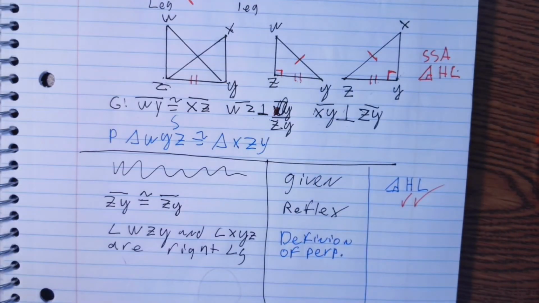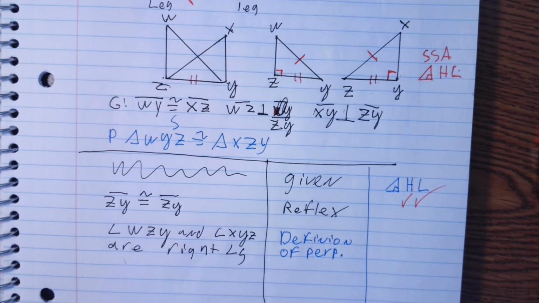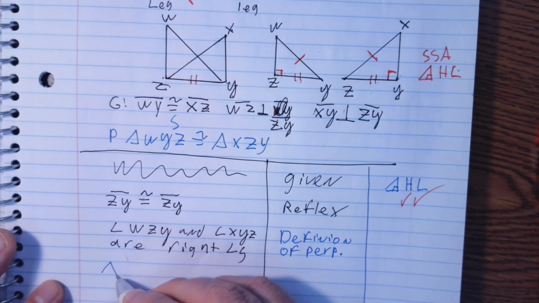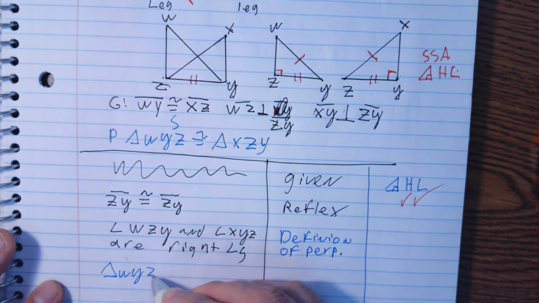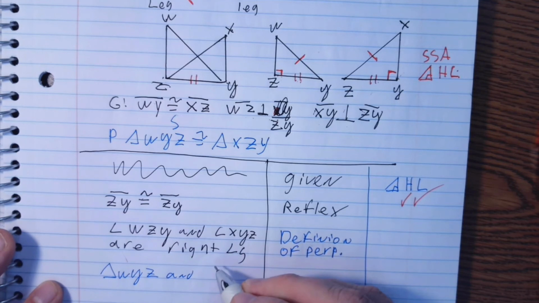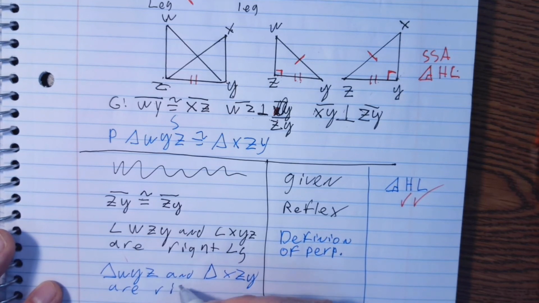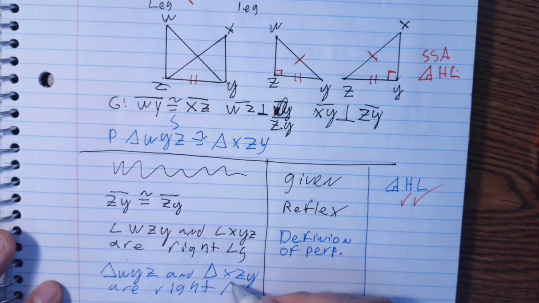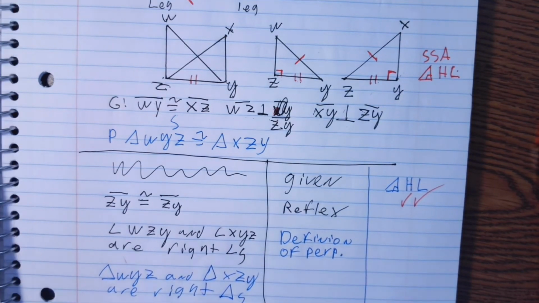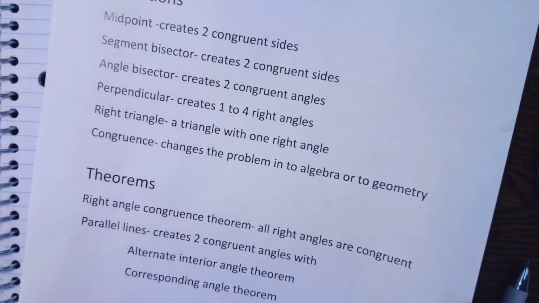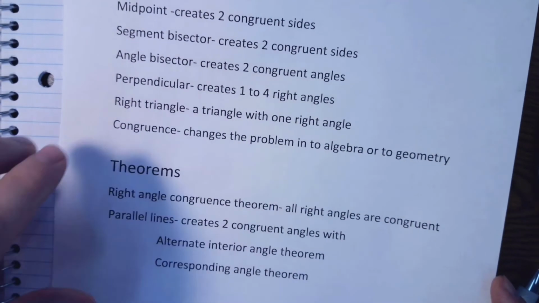All right. But just because they're right angles doesn't mean it's a right triangle, is it? What's the definition of a right triangle? Okay, I'm going to say that these are right triangles, and I think I have the definition. Do I have the definition of right triangle on here?